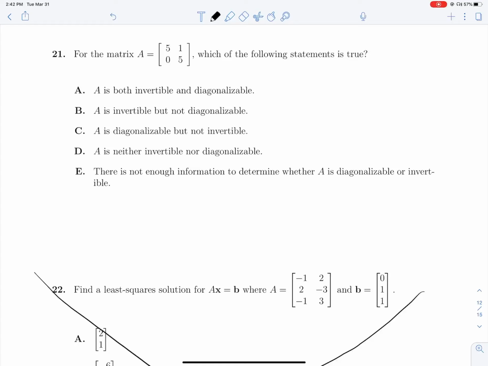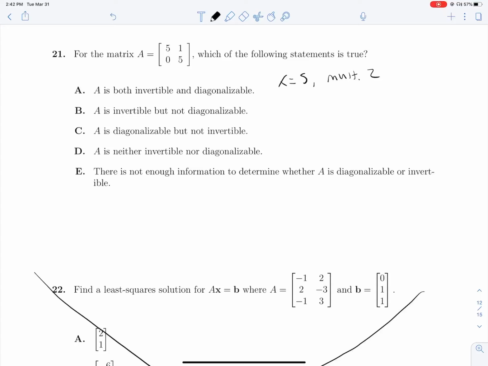And then we're getting some hints that it could be non-diagonalizable because we are going to have lambda equals 5 with a multiplicity of 2. Remember, I'm getting that because A is an upper triangular matrix, and if that's the case, then our values for lambda are just the entries of that main diagonal, like we keep saying.